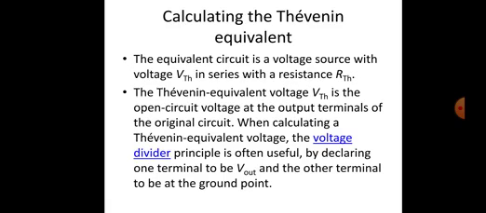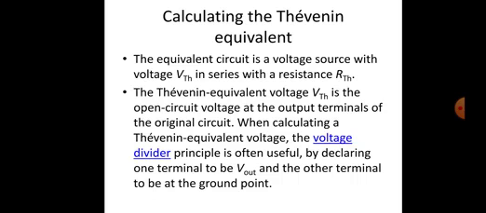Calculating the Thevenin equivalent. The Thevenin equivalent circuit is a voltage source with voltage VTH in series with resistance RTH. The Thevenin equivalent voltage VTH is the open circuit voltage at the output terminals of the original circuit.